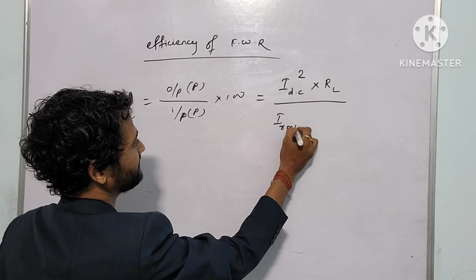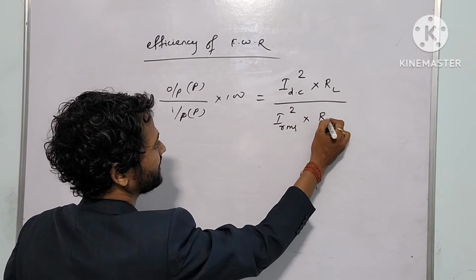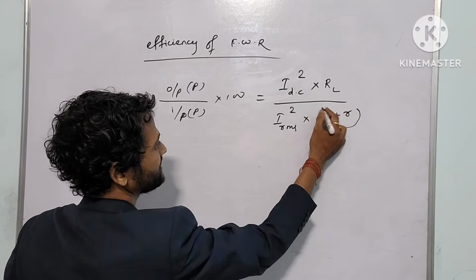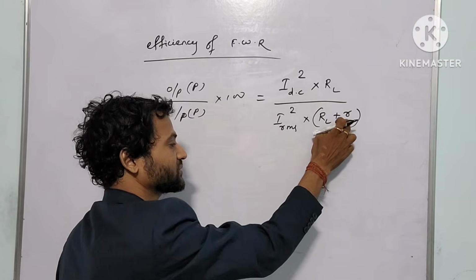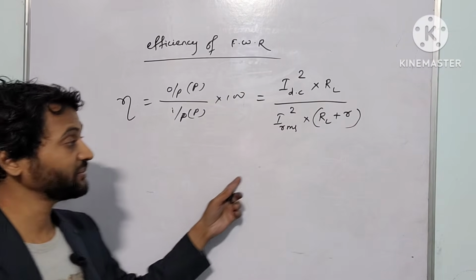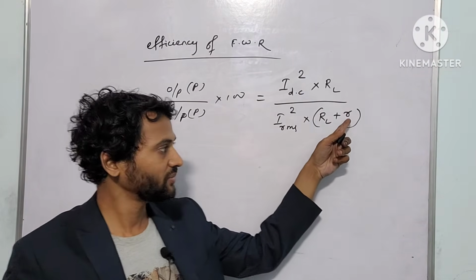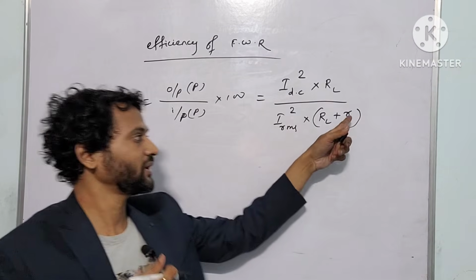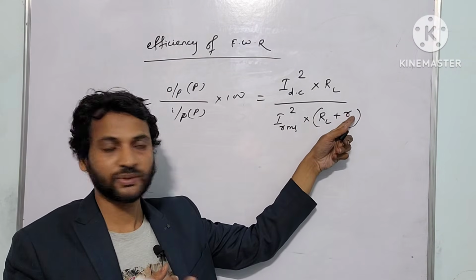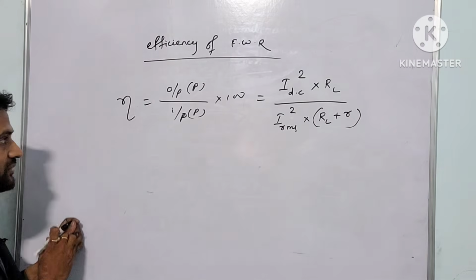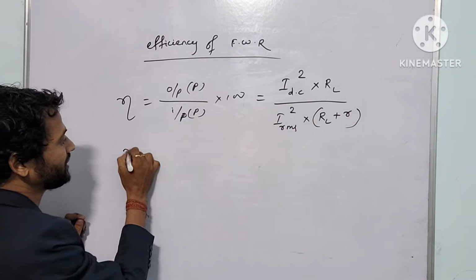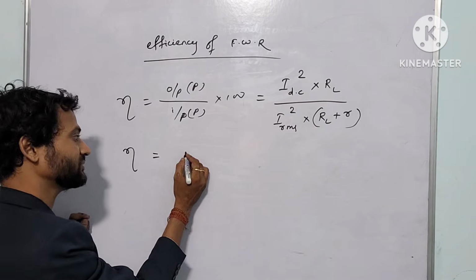It will be IRMS square into total resistance, load resistance plus diode resistance. The total circuit resistance, total diode resistance, that may be two diodes in case of center tap rectifier or four diodes in case of full bridge rectifier. This small r means total internal resistance of the diode, okay.